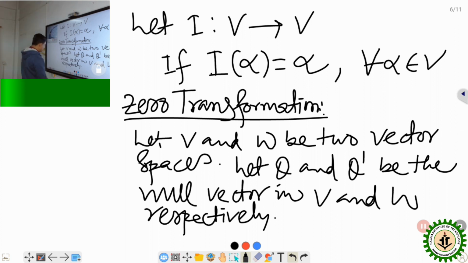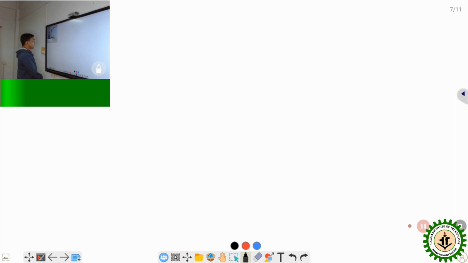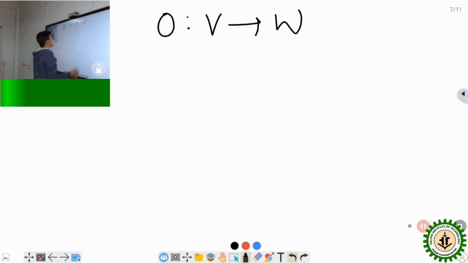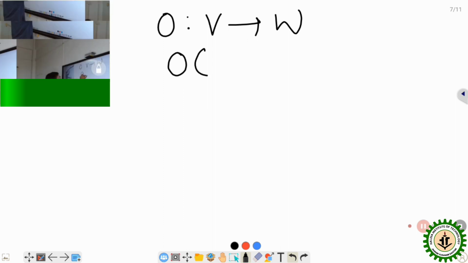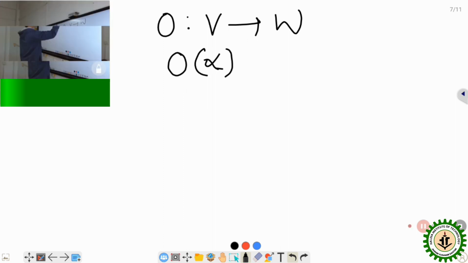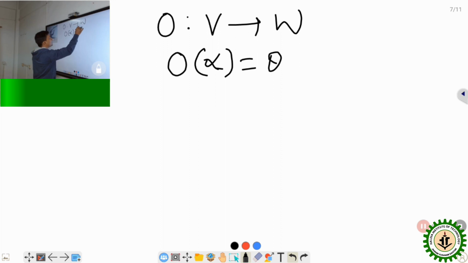Now, if we define a mapping O from V to W, and if it happens that O of any alpha is theta dash, so V and W are two vector spaces, and theta and theta dash are the null vectors in the V set and W set respectively.